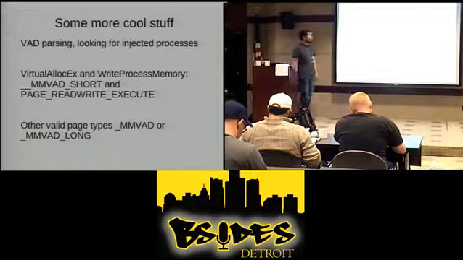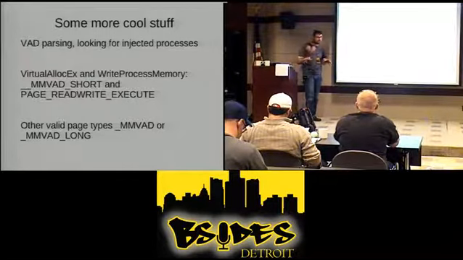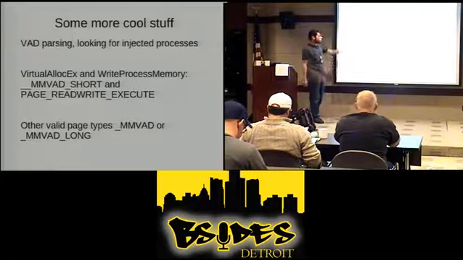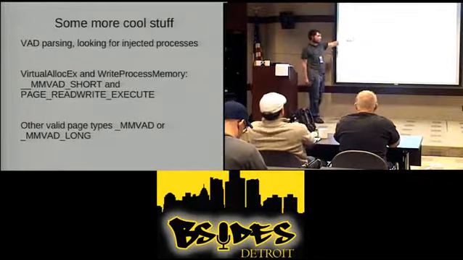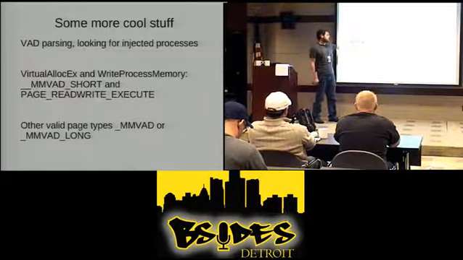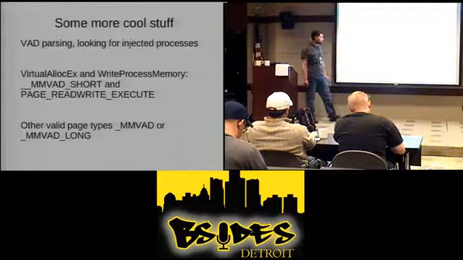So in VAD parsing, we are walking the VAD. So we're going through each process's tree. Every single process has a VAD. And what we're going to take a look at are the 2 Windows API calls that are infamous for process injection: VirtualAllocEx and WriteProcessMemory.